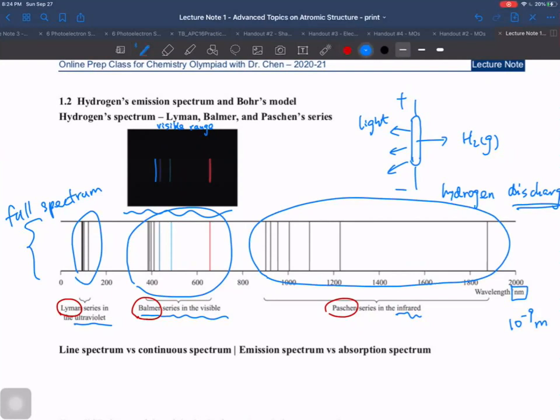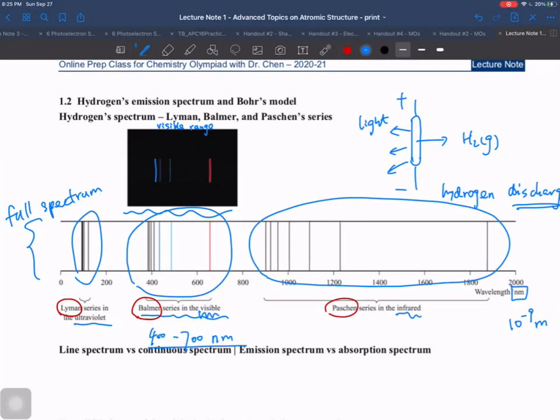So I want to emphasize, typically when we are talking about visible light, we are talking about 400 to 700 nanometers. If it's shorter than 400, it's ultraviolet. If it's longer than 700, it's infrared. So based on this, can you think about what the wavelengths of the red light and the purple light will be, respectively?